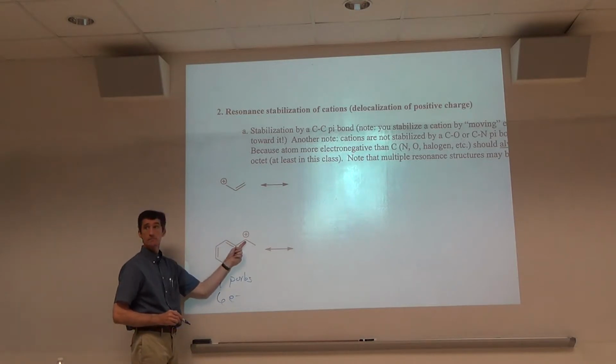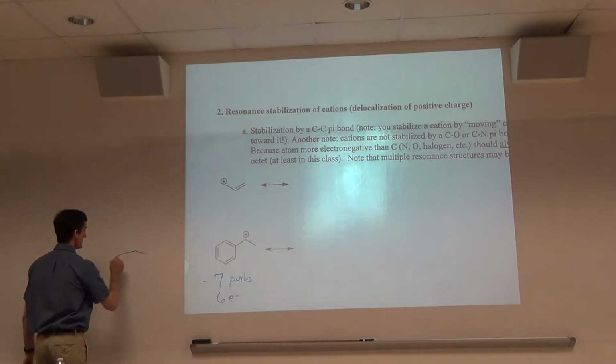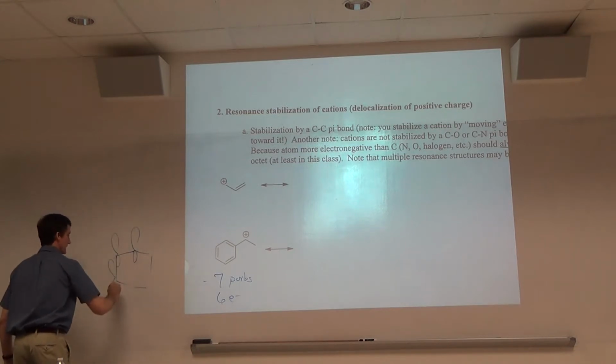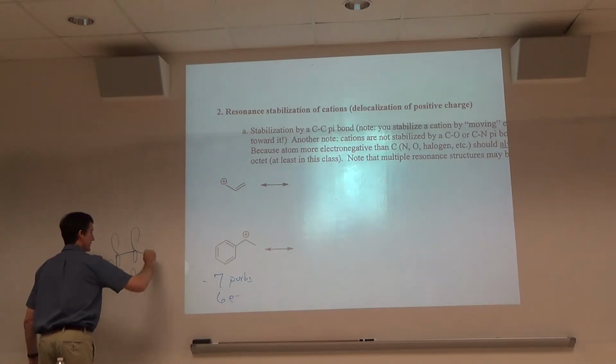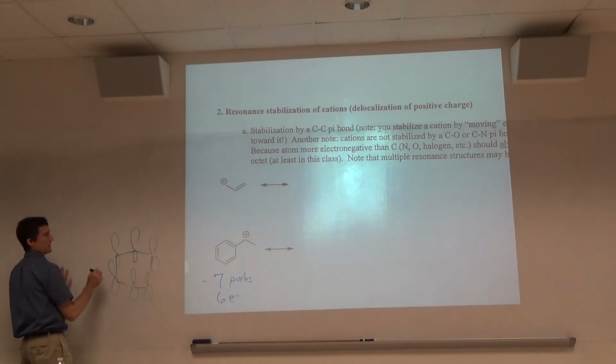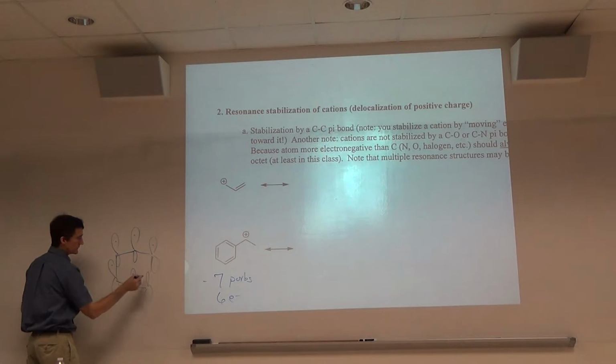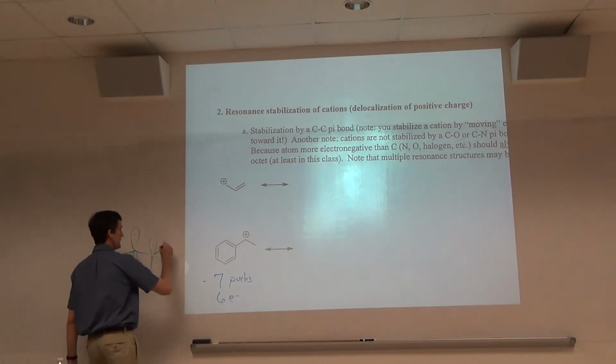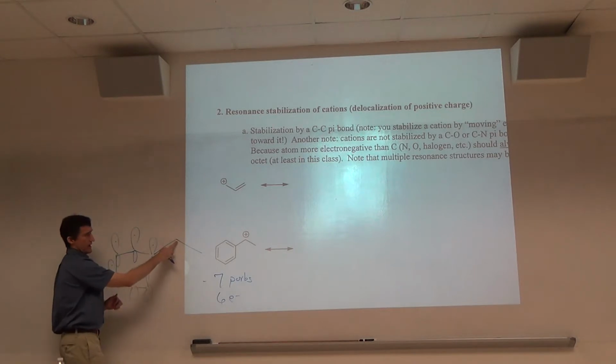Is there an electron there? No. What do we have here? Real quick, let's just draw the pi system. See, this is the benzene ring. It's got 6 p orbitals. They're all sp2. I mean, one electron makes a pi bond, one electron makes a pi bond, one electron makes a pi bond. There's your 3 pi bonds. But then we have this over here. There's one H there. It's a plus charge. What's the hybridization?